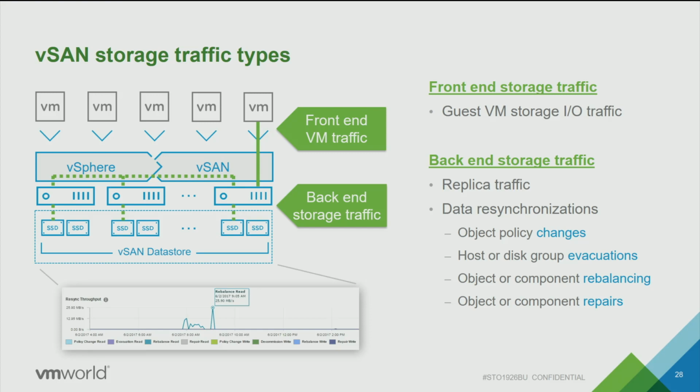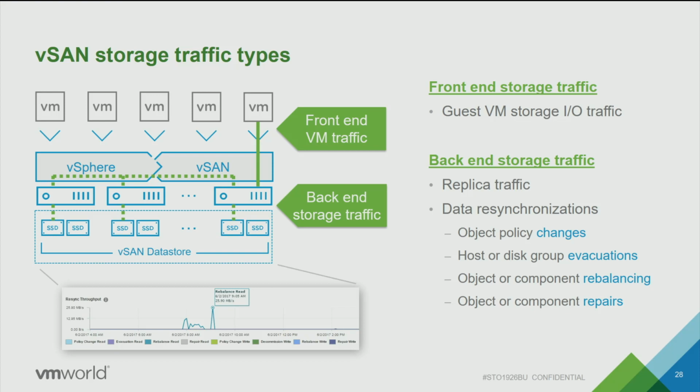Now there's another subset of data I/O activity that occurs in any sort of distributed storage solution, where you take advantage of the local storage devices in a number of hosts to create this aggregate single data store, which is exactly what vSAN does. We have data resynchronizations that can result from a number of activities, one being an object policy change.